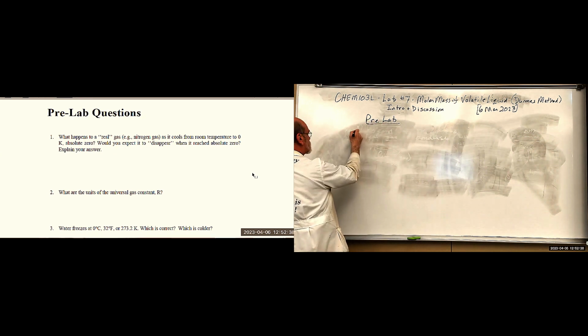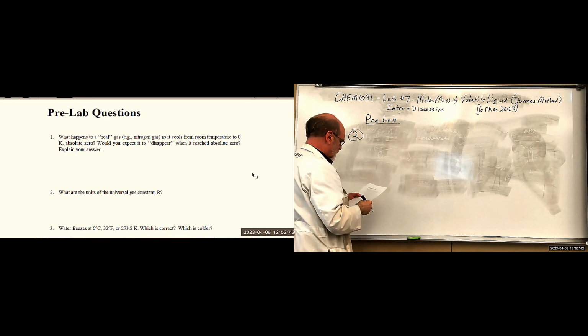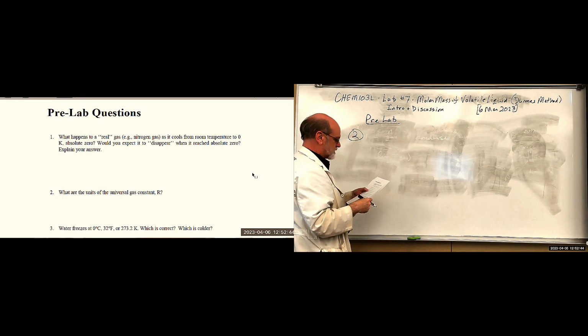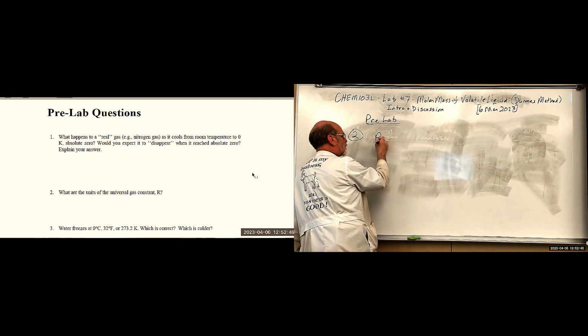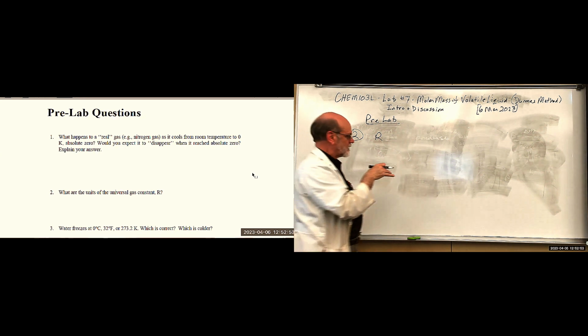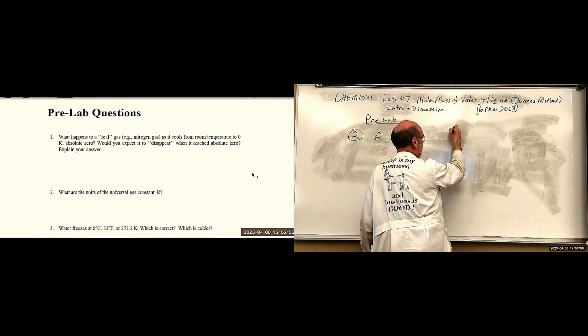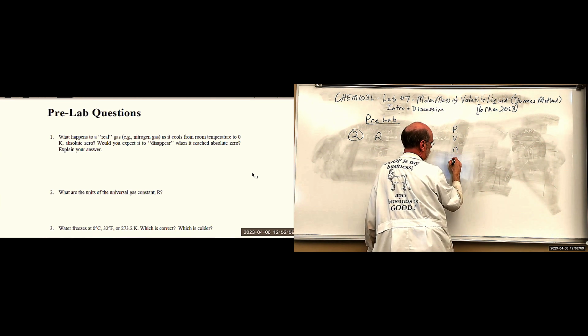How about number two? Is it showing? Yeah, 2 is showing. What are the units of the universal gas constant? For our purposes, what are the units? We're going to have pressure, volume, moles, and temperature.